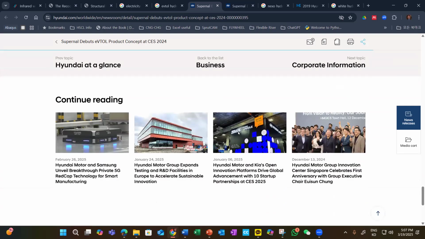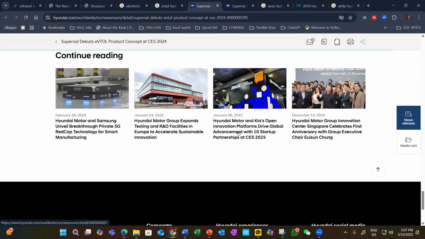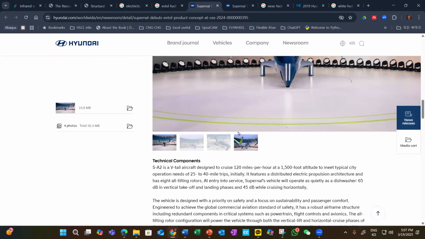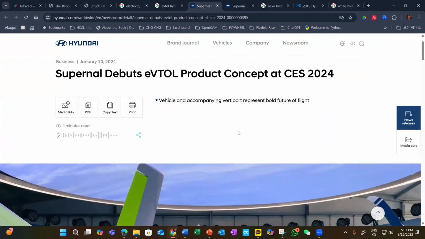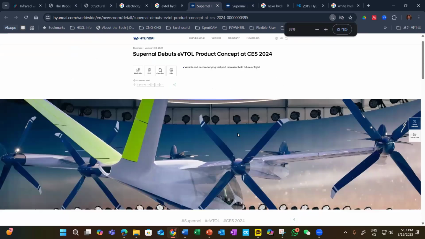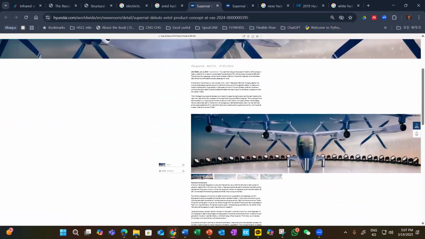And if you have an interest in working in Hyundai, you should understand the idea of the hydrogen power eVTOL, and besides the eVTOL itself, not only powered by the hydrogen gas, but all the structure has to be very light for energy efficiency.